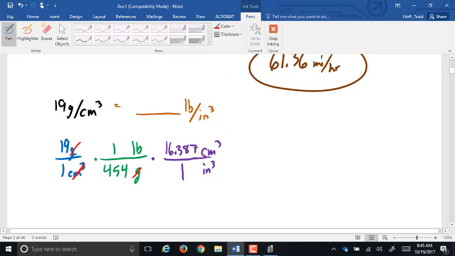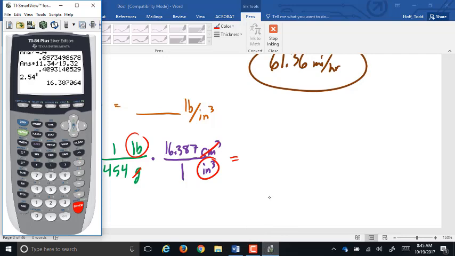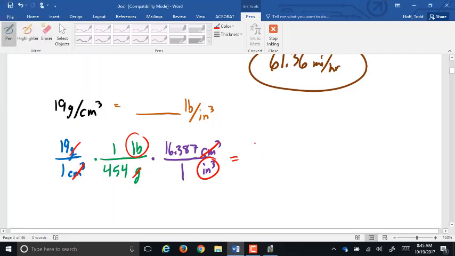So now the cubic centimeters are gone, and we are in pounds per cubic inch. So on top, we've got 19 times 1 pound times 16.387 is 311.353. That's pounds. On bottom, we've got 1 times 454 times 1 cubic inch.